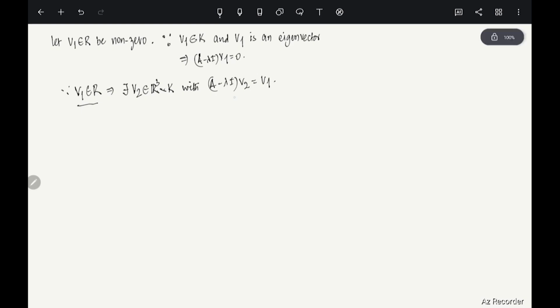So what am I doing? Since V1 is in R, you can find a V2 in R3 minus K so that this is happening. Now, since the dimension of K is 2, we can choose another element V3 in the kernel K such that V1 and V3 are linearly independent.